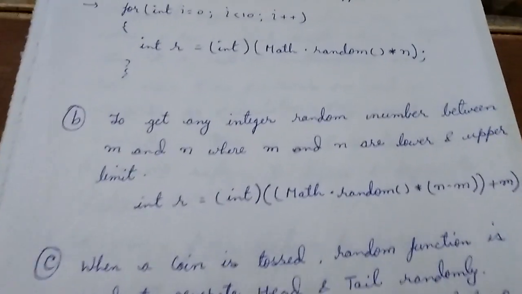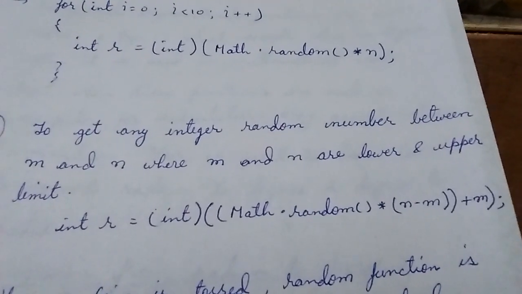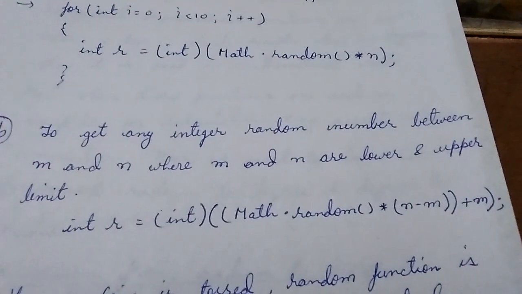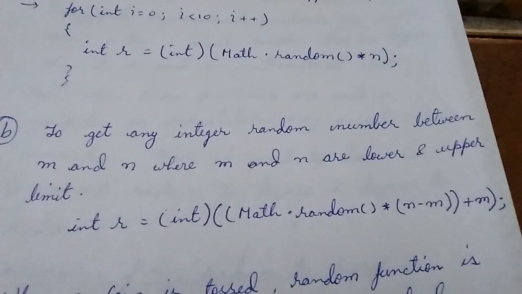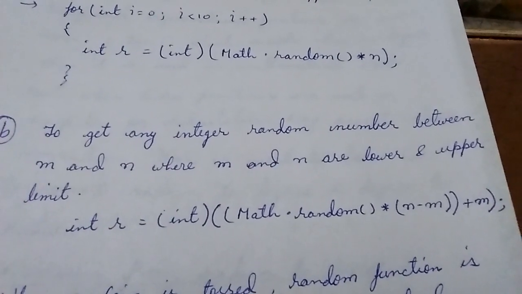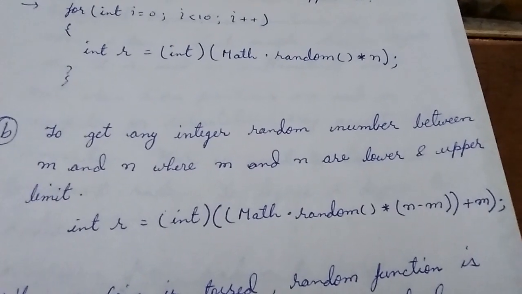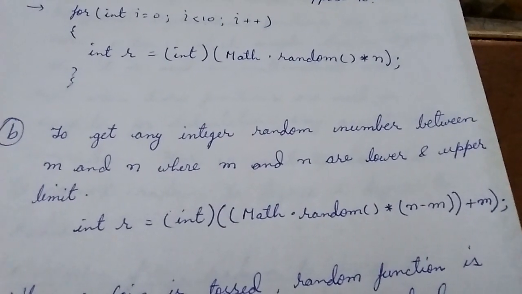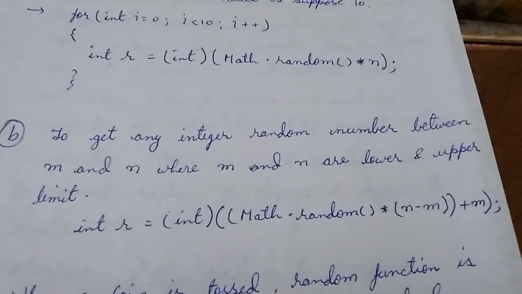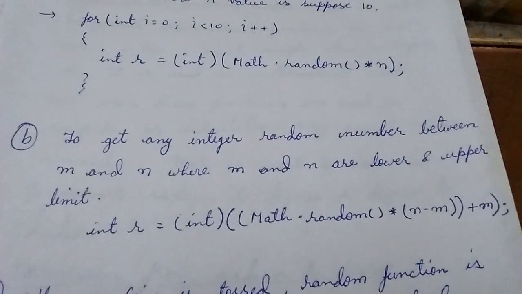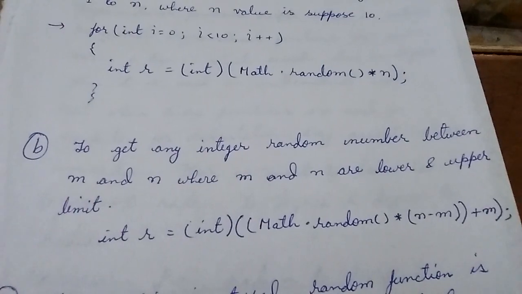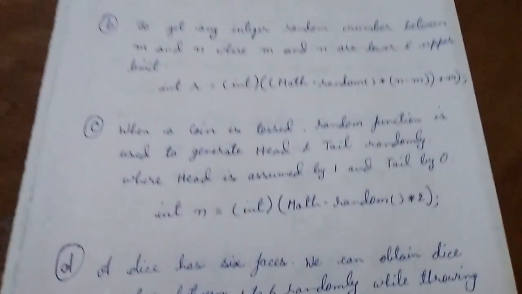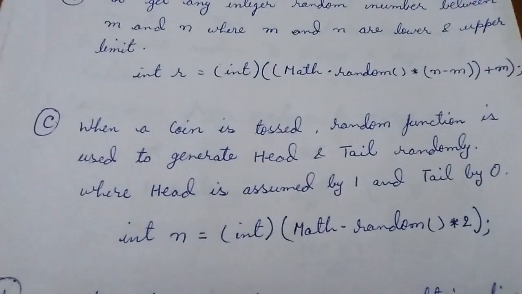In this case, the statement is int r = (int)(Math.random() * (n - m)) + m. So this will generate a random number between m and n.